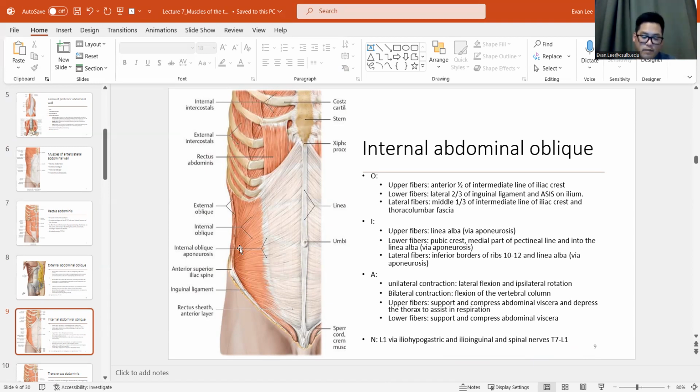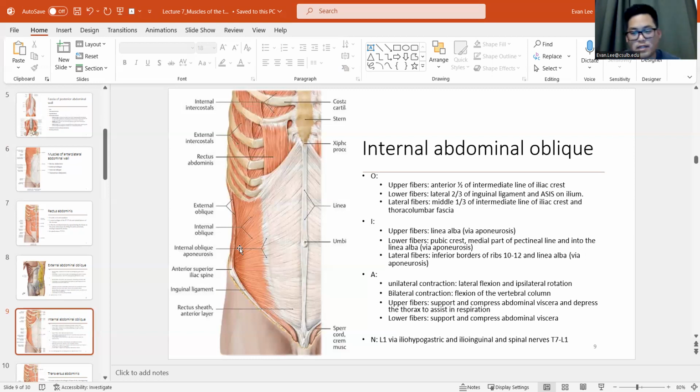But the main thing for the internal oblique is that it does not go down and inward. Remember, looking at these muscle fibers, are they going down to form a V? They are not. Internal oblique has muscle fibers that go across or upwards.